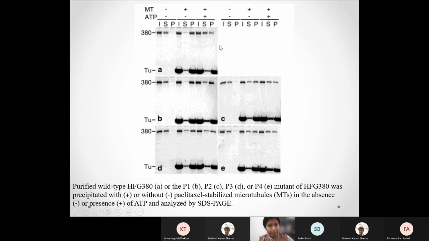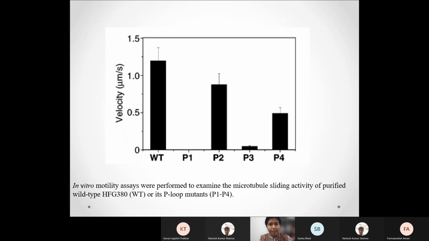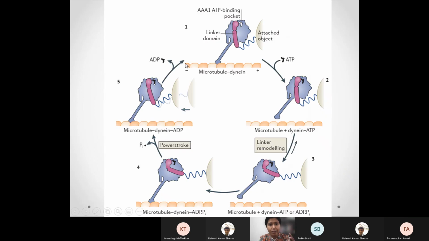But when we add ATP, the moment you add ATP to wild type, you see this shift from the polymerized tubulin to solution, which means that if you have these dyneins walking on microtubules, the moment you add ATP, these dyneins sort of detach from microtubules.